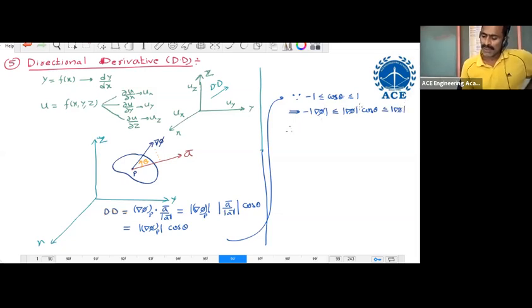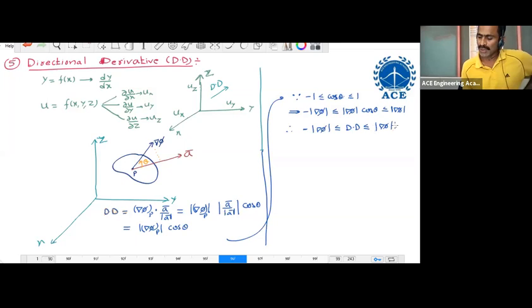Therefore, this modulus of del phi cos theta is the same as the directional derivative only. Minus modulus of del phi is less than or equal to the directional derivative, which is less than or equal to modulus of del phi. This is the maximum value for the directional derivative. It is the minimum value for the directional derivative, or it is the magnitude of the greatest rate of change of the directional derivative.